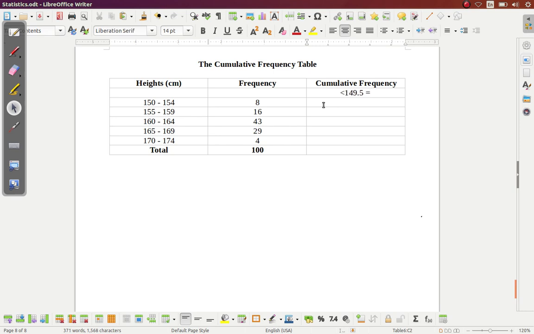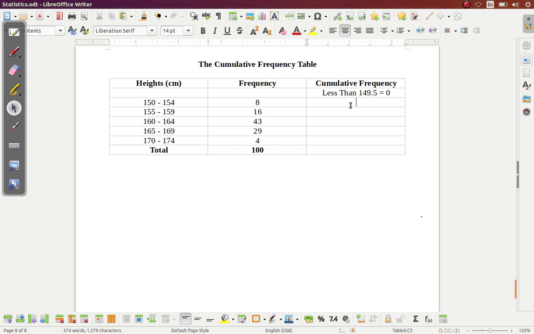How many? 0. Because anybody who measured less than 149.5, you would not include them in this table. All right? In fact, let me write out the words less than 149.5, 0.